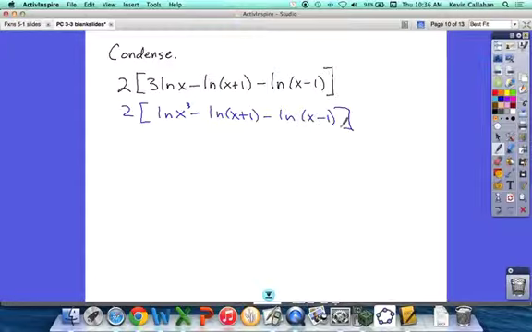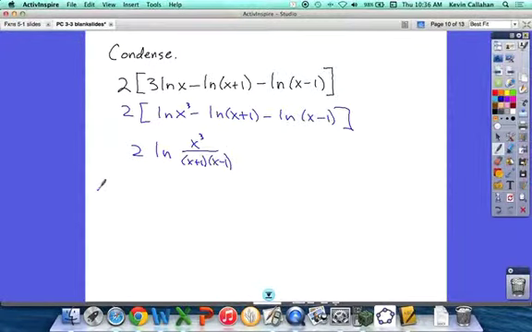Okay, now I've got single logarithms, so now I can put them all into one, which will be 2 times ln, and which goes in the numerator and which goes in the denominator? The x to the third is in the numerator, and then this is x plus 1, x minus 1.